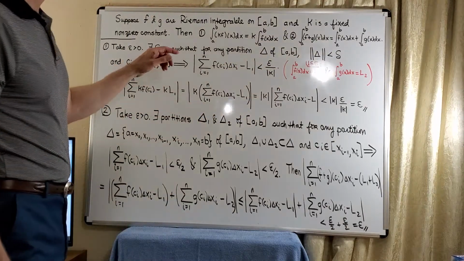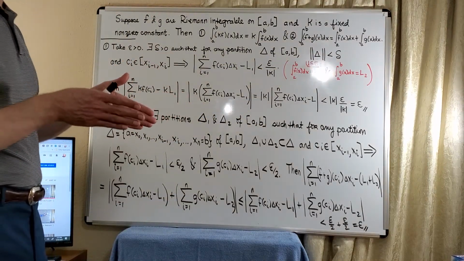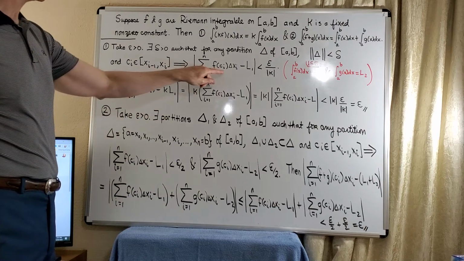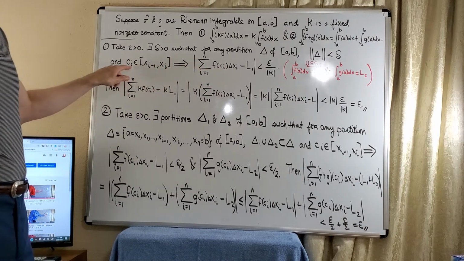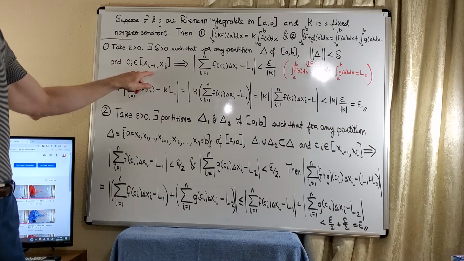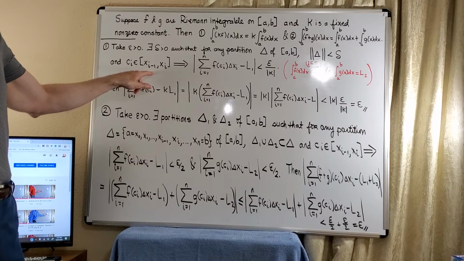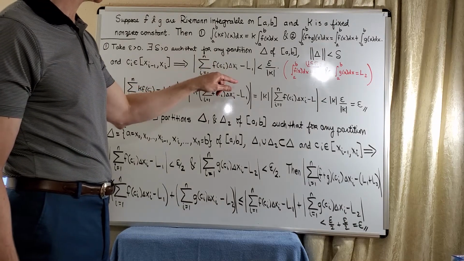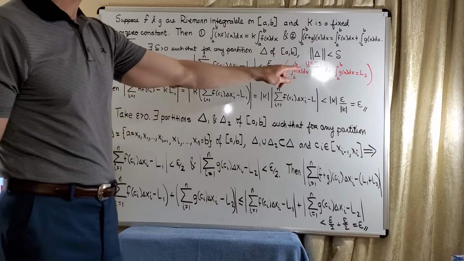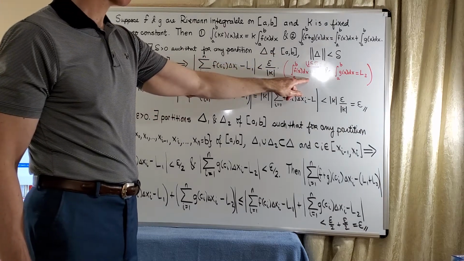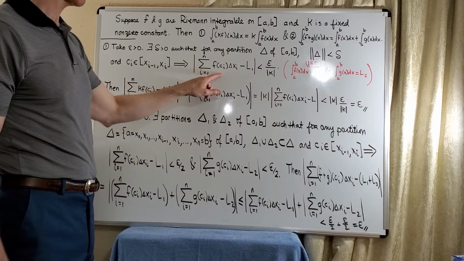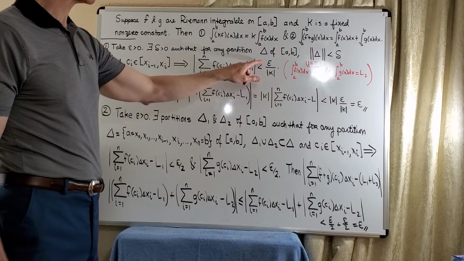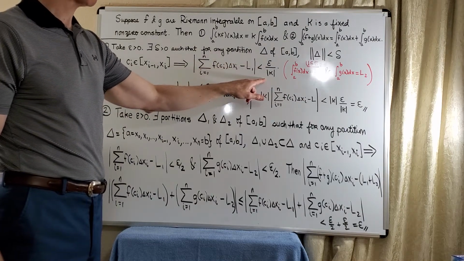That is, it's refined enough so that when we look at this Riemann sum where the c sub i's are taken in each ith subinterval, just like we did when we did the area of a region using the Riemann sums, it's fine enough so that when we take the difference between the actual integral of f and the Riemann sum, it can be made less than epsilon divided by the absolute value of k.